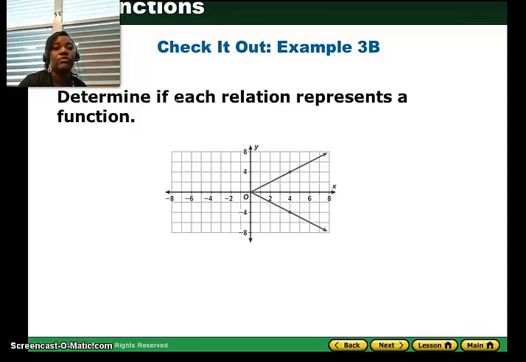Alright, go ahead and try this one. Now no, don't try this one. Let me explain this. Here it says determine if it's a function, so using a graph, what we do is called a vertical line test.